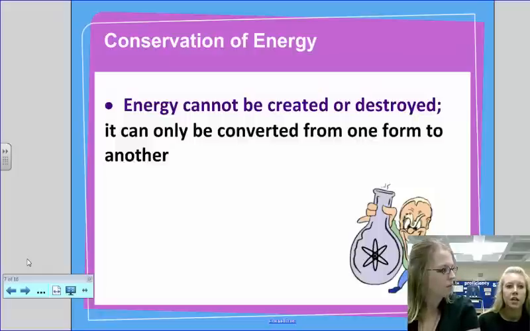Everything you just learned about doesn't disappear. Even when a battery is dead, it's because the energy that was once in that battery has been transformed into other types of energy. It's not because we have lost energy. And when you get a new battery, you're not creating new energy. The chemicals inside that battery came from somewhere else. So it's a big cycle.